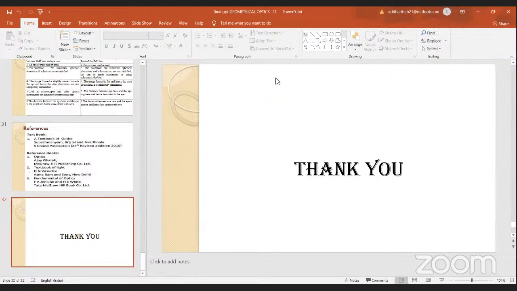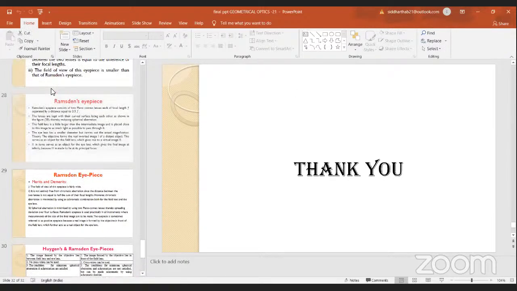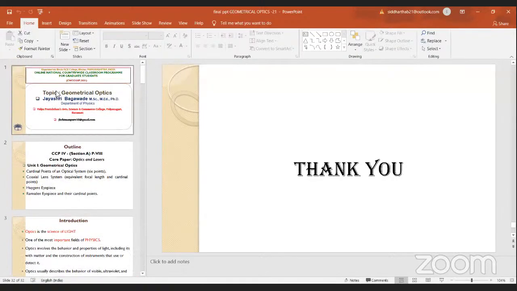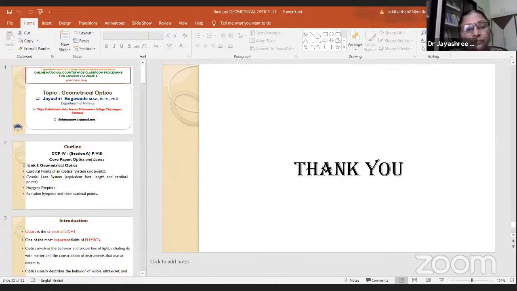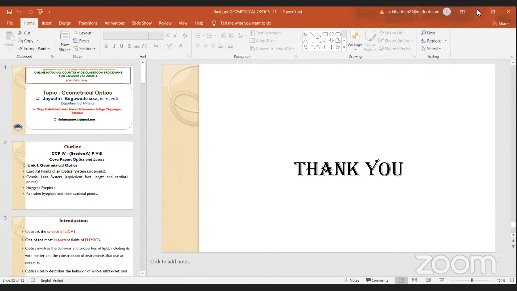Thank you very much, ma'am, for a nice presentation on geometrical optics. Even a person like me, who is a zoologist, could understand this geometrical optics. Usually we use the eyepiece in our microscope and know only about the eye lenses, and we didn't actually know the principle behind the images we observe through the microscope.